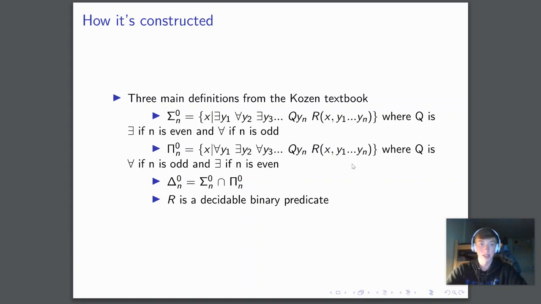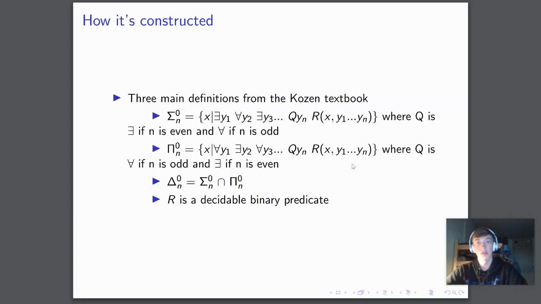The delta 0n is defined to be sigma 0n intersected with pi 0n. The way that this works is that basically a set is delta 0n if the set is sigma 0n and the set is pi 0n. The R that you're seeing at the end of these sets is a predicate.